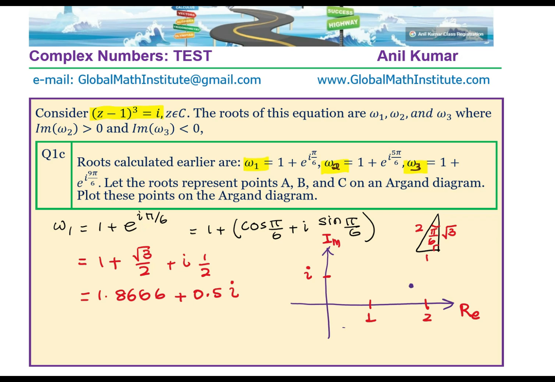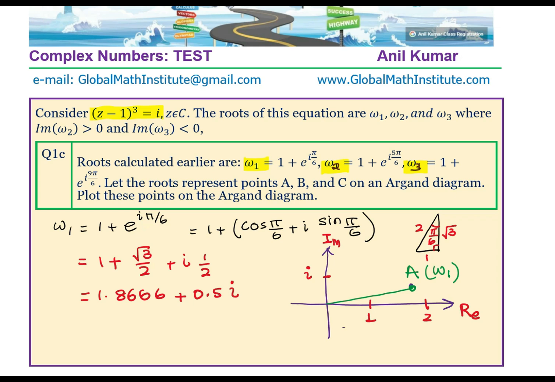So that becomes the position of A. Let me use a different color. So that is A, which represents omega 1 for us. Is that clear to you? You see how we have to sketch it on the Argand diagram. So you have also understood the process of how we calculate.